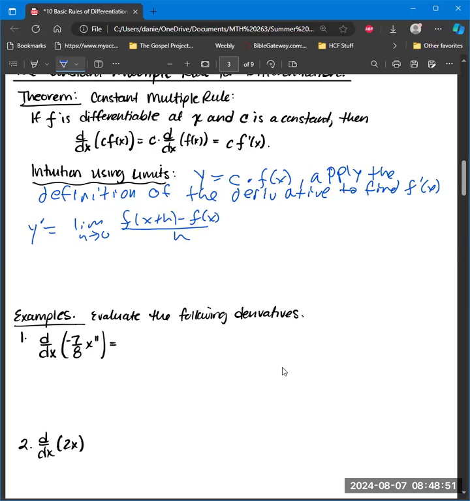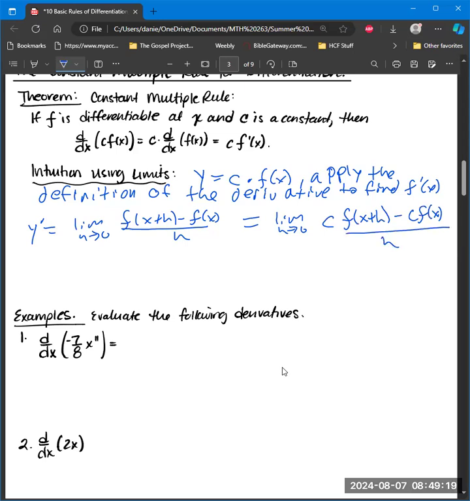So that's going to be the same as the limit as h goes to 0 of c times f of x plus h minus c times f of x over h.